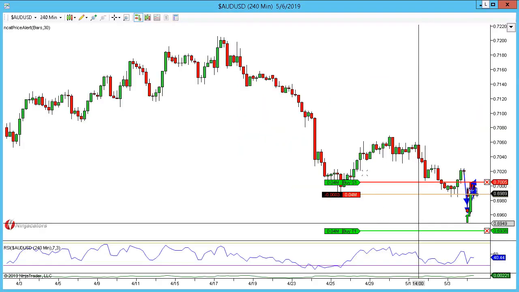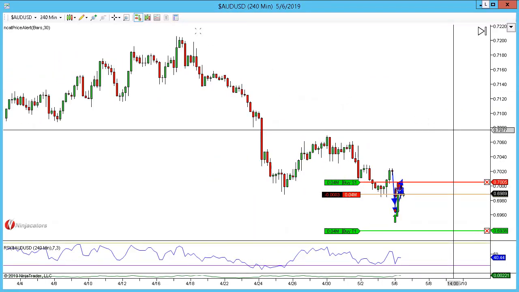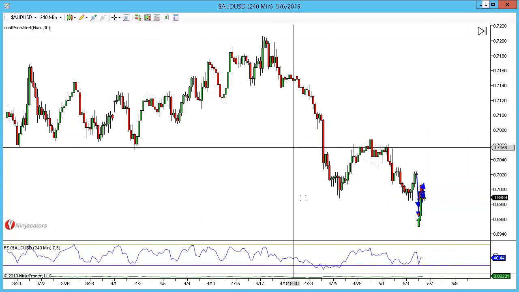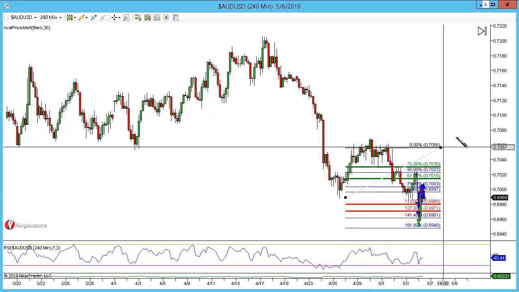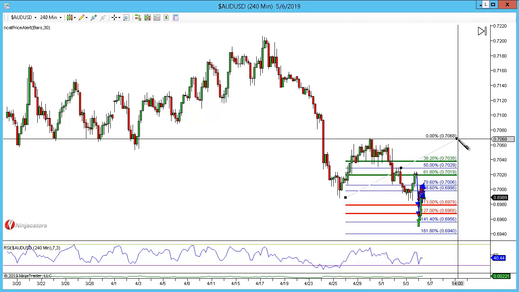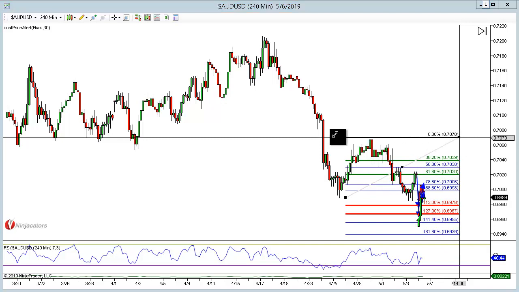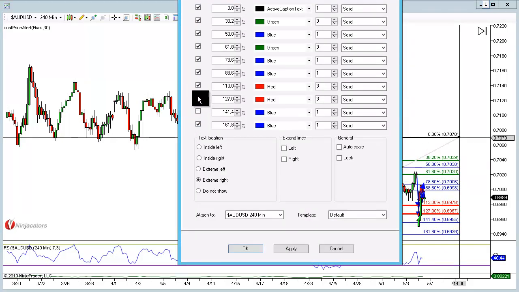So on the 240, this is what I'm looking at. I'm just going to remove the orders. So first of all, I'm going to be looking at a 1618 inversion. So from our swing low to our swing high, we're going to look for that golden ratio, the 1618. And I do like to keep the chart nice and clean, so let's remove all the other fibs that we don't need.